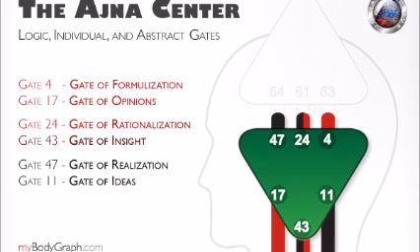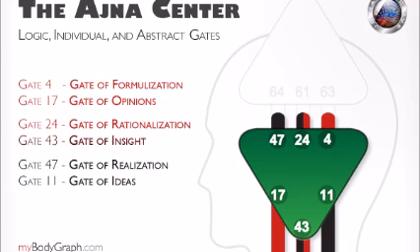The gates in the Ajna Center include the 4, the gate of formalization, the 17, the gate of opinions, the 24, the gate of rationalization, the 43, the gate of insight, the 47, the gate of realization, and the 11, the gate of ideas.